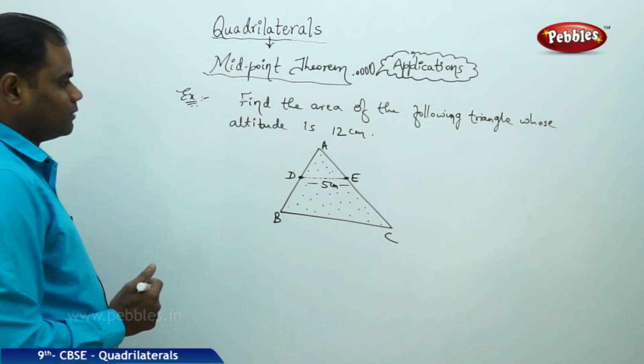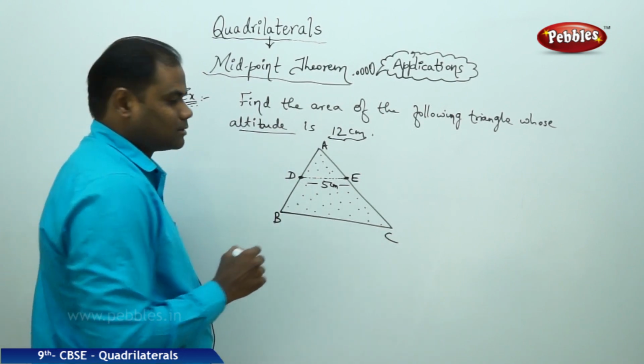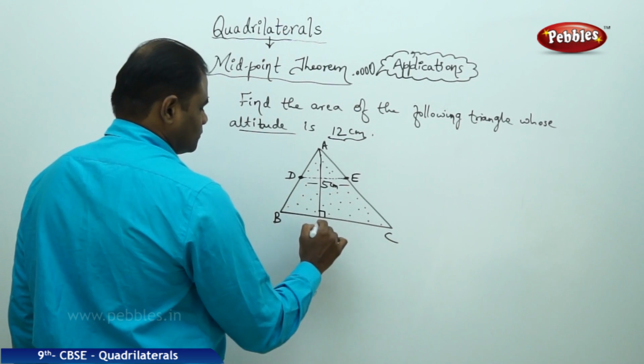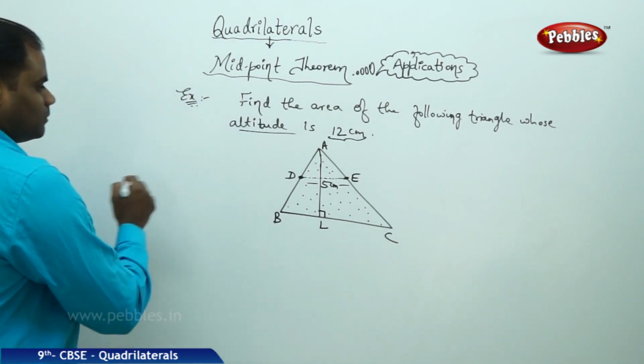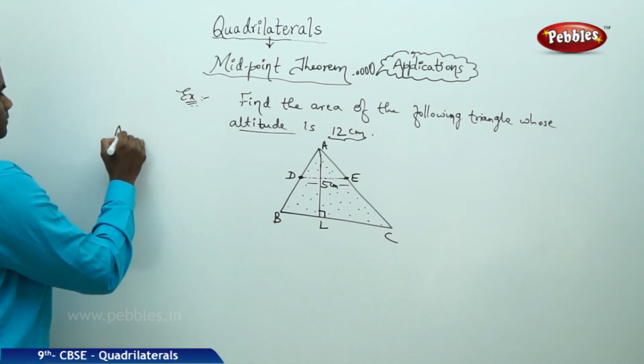So let's take the given information. The altitude is 12 centimeters, which drops as a perpendicular from here. Let me take this to be AL. My altitude is the perpendicular, or the height, in the triangle.